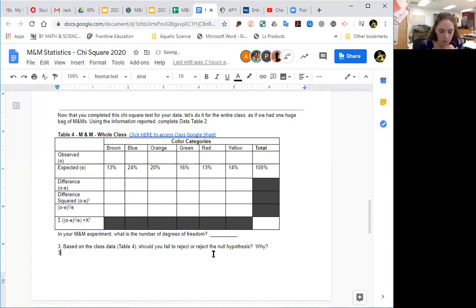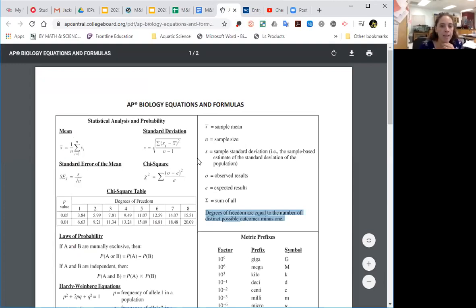So our data was 3.0089. If we come back and look at our chi-squared table now, degrees of freedom is 5. We always in biology use the p-value of 0.05. And so where they intersect, our critical value is 11.07.